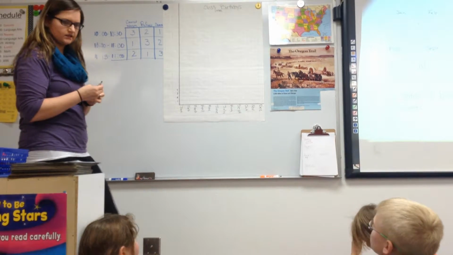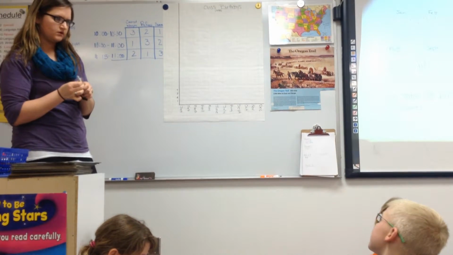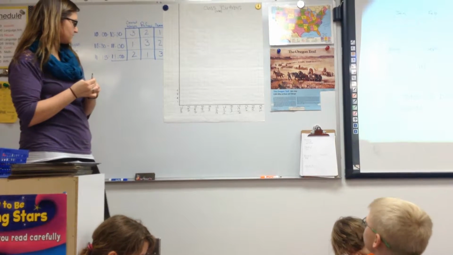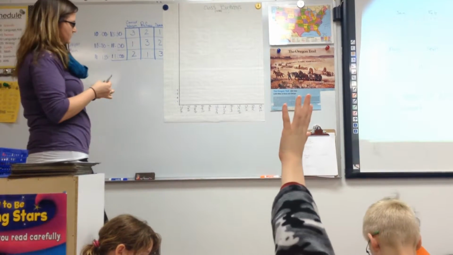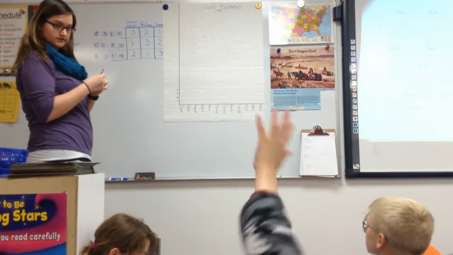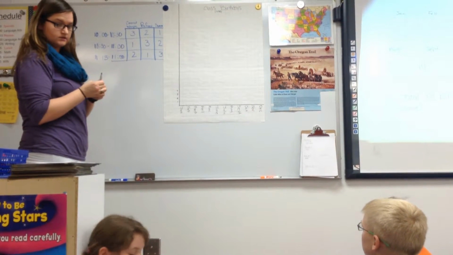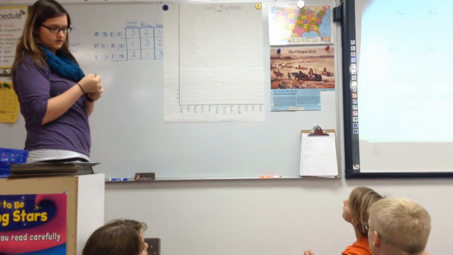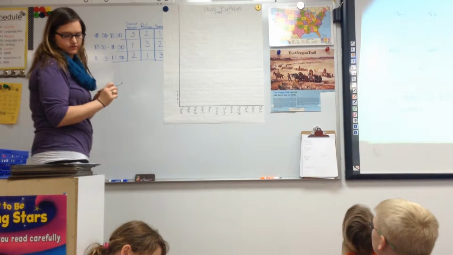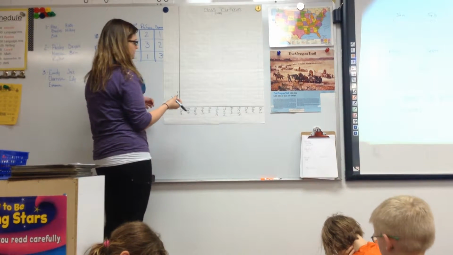What else am I missing? What other label? Lily? What other one am I missing? Alex? Okay, our tally marks are up there. Emma? The Y and X axis. My Y and X axis. What did we say my Y axis was?